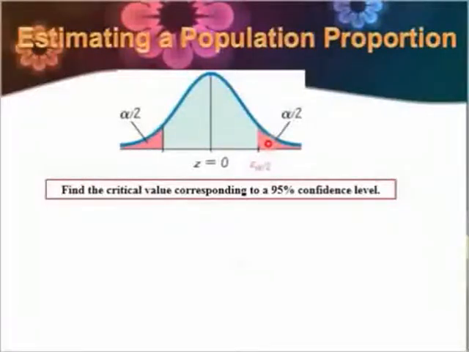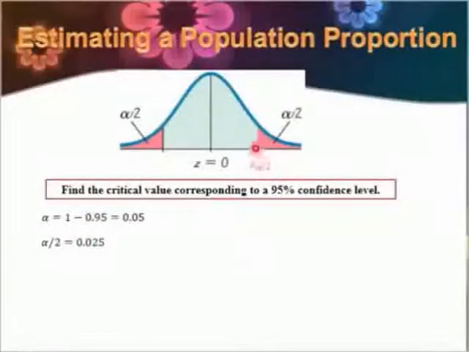So if I take the remaining 5%, or 0.05, and split it into the two tails, those represent my extreme values, then I would get an alpha over 2 of 0.025.